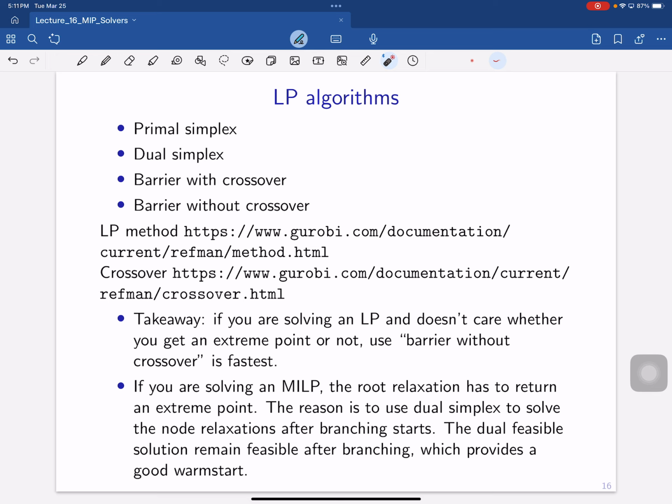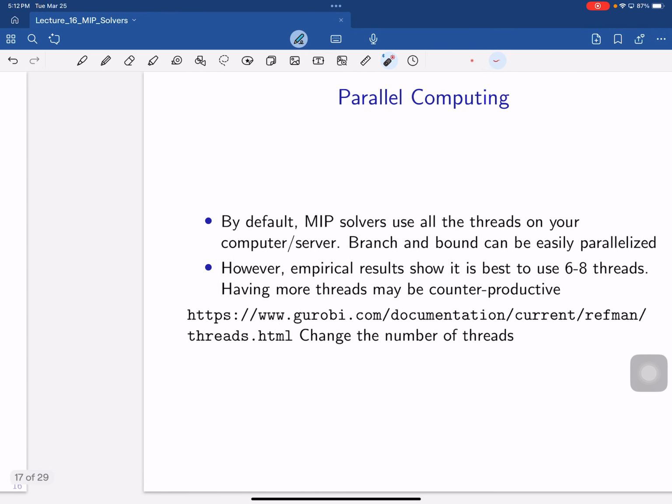So the dual feasible solution at the root node is still dual feasible at the child nodes after you branch. So dual simplex is a very good algorithm amenable to warm start. That's why it has to be an extreme point if you are solving an MILP.